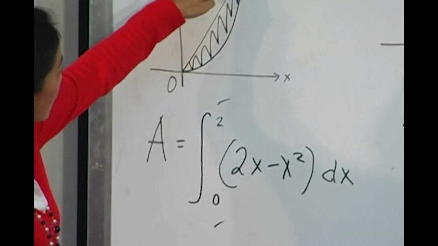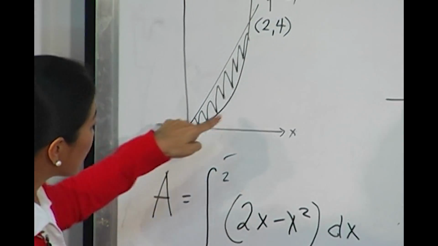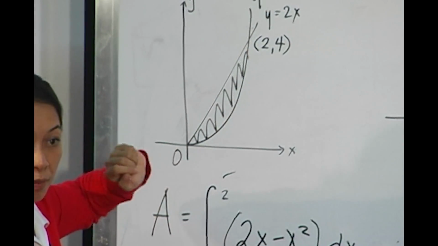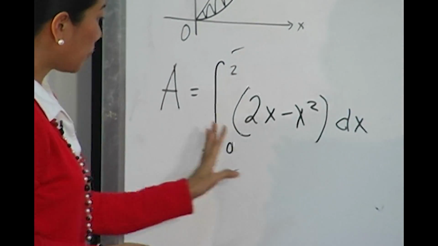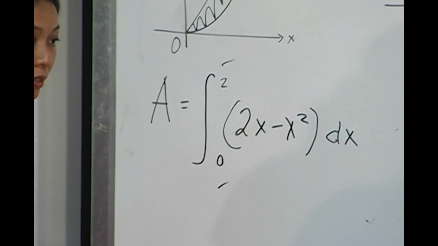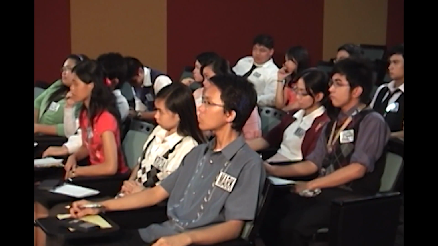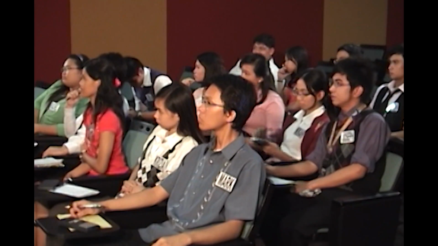And now what is the implication of this? 2x is the first ceiling. X squared is the second ceiling. Now what does it mean to have 2x minus x squared dx? Now by the linearity of integrals, this is going to translate into what we had demonstrated earlier using the sheets of paper.